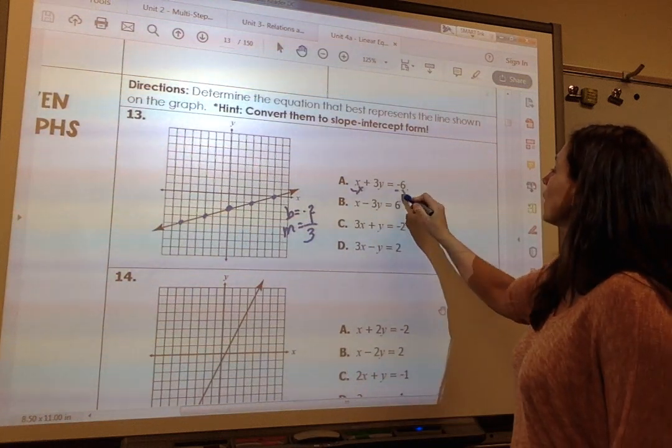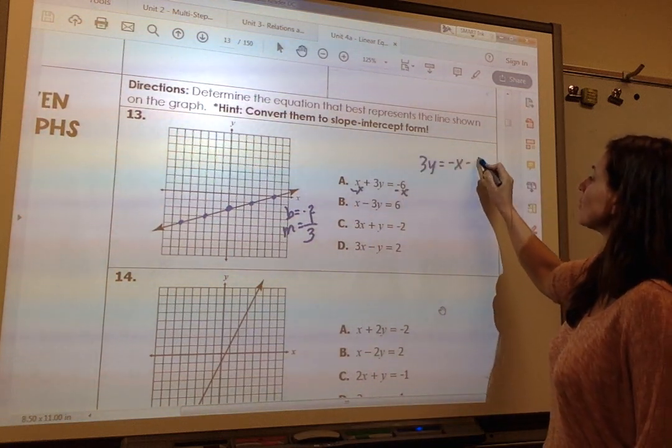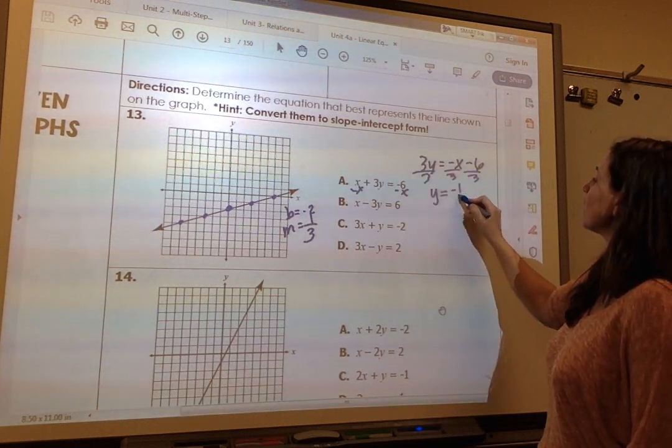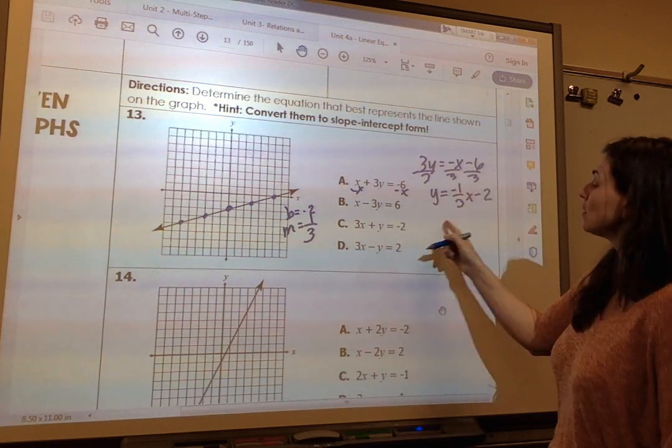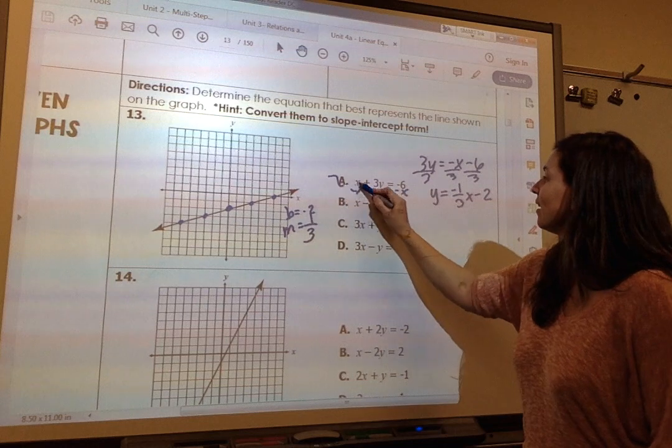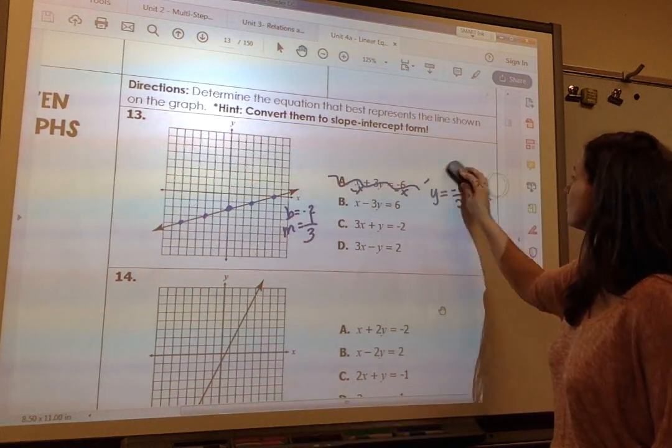So subtract x, 3y equals -x minus 6, divide everything by 3, and I get y equals -1/3 x minus 2. Does that match? No, because my slope is negative. So A is not the right answer.